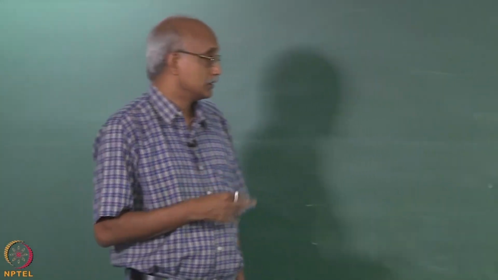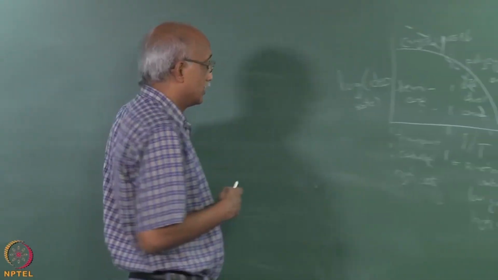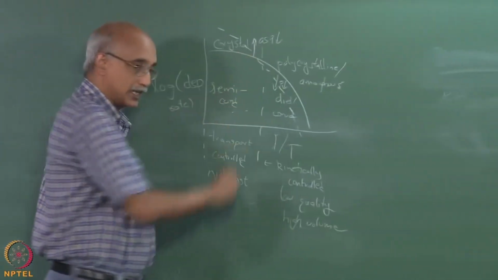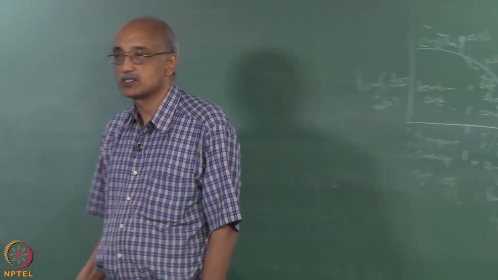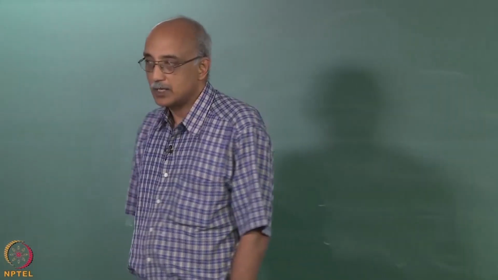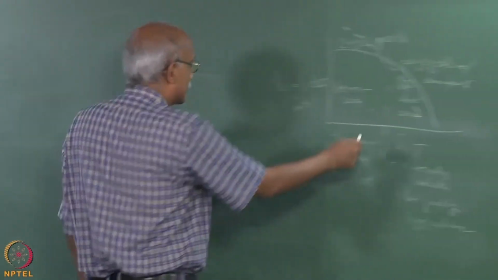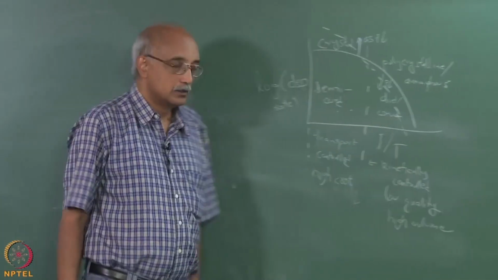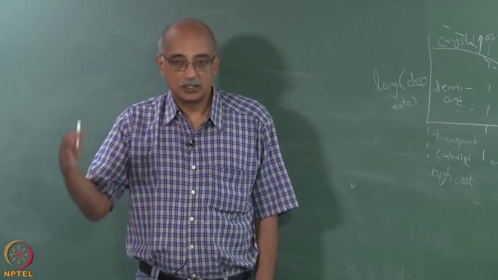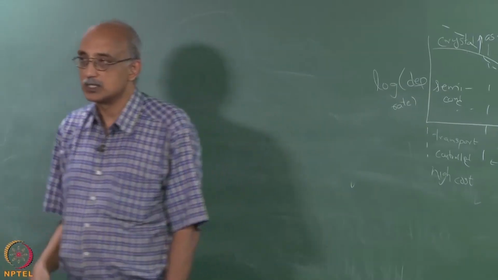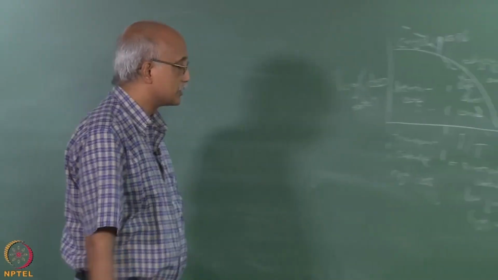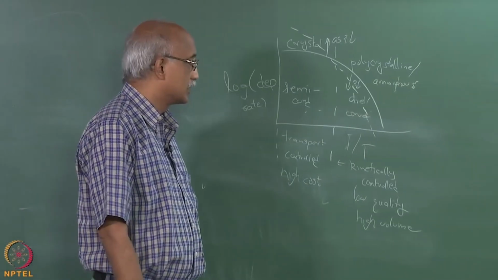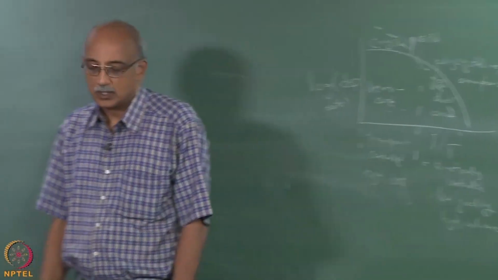In that case, in the transport control regime, you will see a corresponding increase in the deposition rate because it is transport control. But in this regime, you will still see the effect. I mean, it will still increase, but as you start approaching the dew point, it will start converging. So, I think that dependency we already talked about last time.